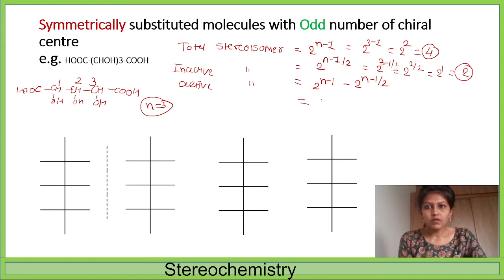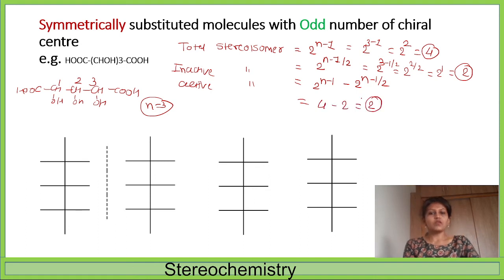The total stereoisomers are 4, inactive are 2, and 2 are optically active. That is, we can say there are 2 optically active and 2 optically inactive stereoisomers, that is, 2 meso compounds and 2 optically active stereoisomers.